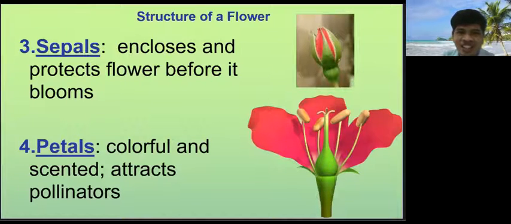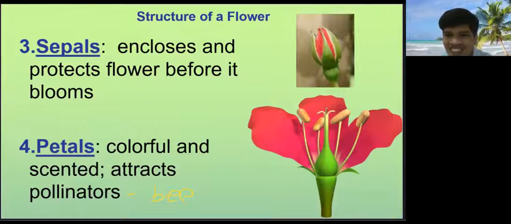We have bees. Aside from the bees, what else do you know? There are other smaller insects, but most commonly, we know bees. Bees are considered the pollinators.